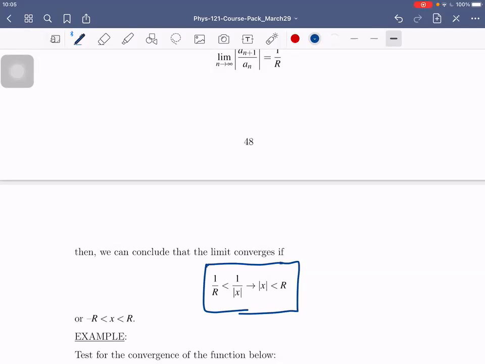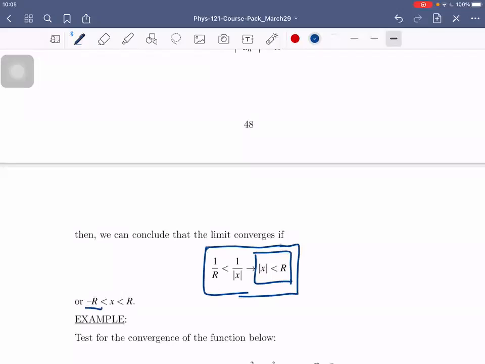So pwede nating i-manipulate. We will have absolute value of x is less than r. So, since absolute value siya, x is between negative r and r. Okay, so yan yung tinatawag nating interval of convergence. Okay?